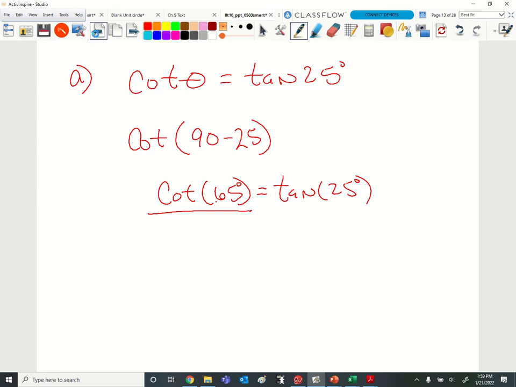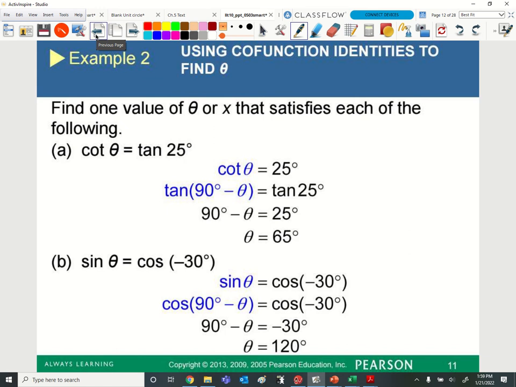All right. B, sine, cosine negative 30. Oh, for this one, it's going to be like 90 plus 90. Kind of. 90 minus, no. Say the whole thing though. I agree with you, but how'd you get there? You're skipping a step.